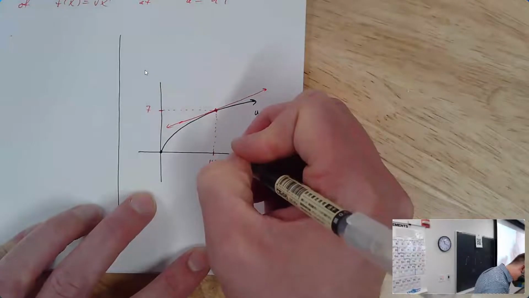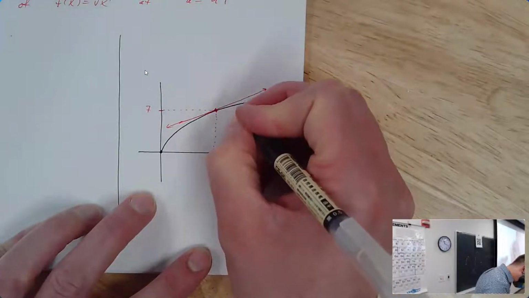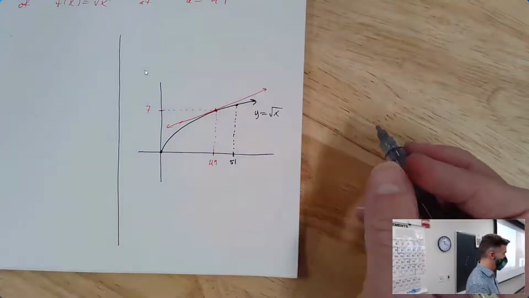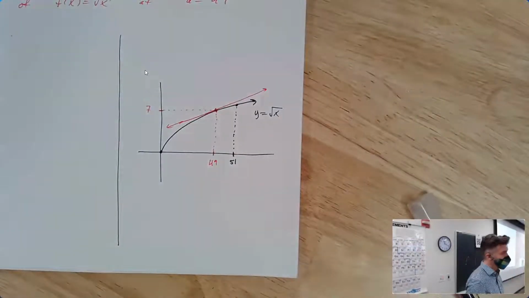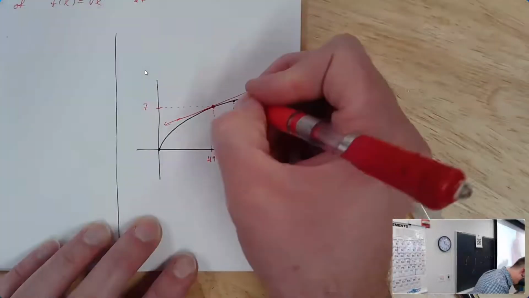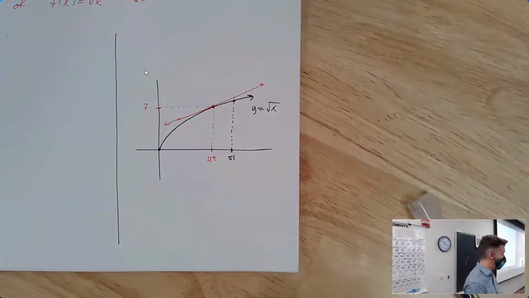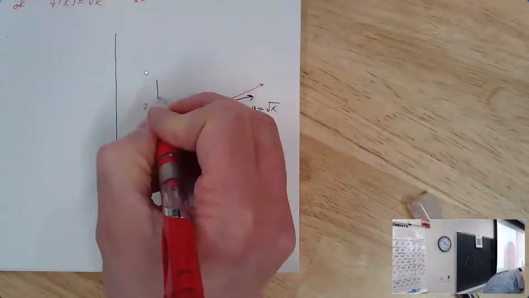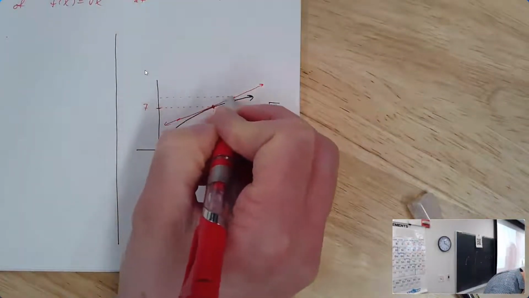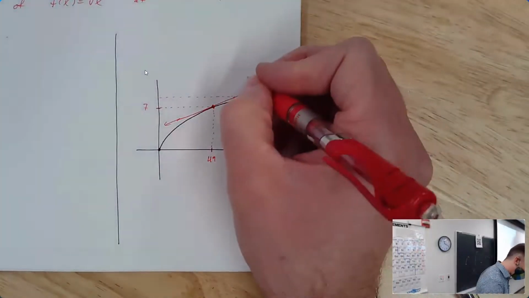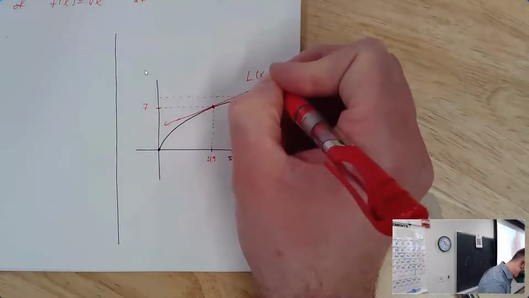And instead of plugging in 51 to the function and getting out whatever the square root of 51 is, which I don't know, I'm going to plug in 51 to a much easier thing. I'm going to plug in 51 to this straight line equation, which is going to be not terrible. And I'm going to get out an approximation. This line we typically call the linearization, right?